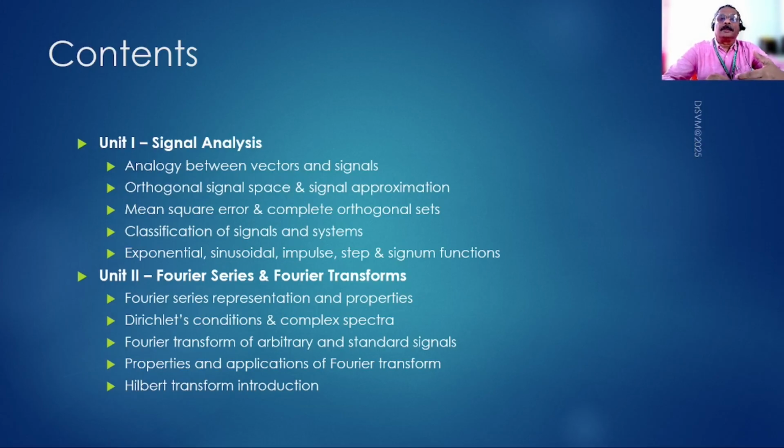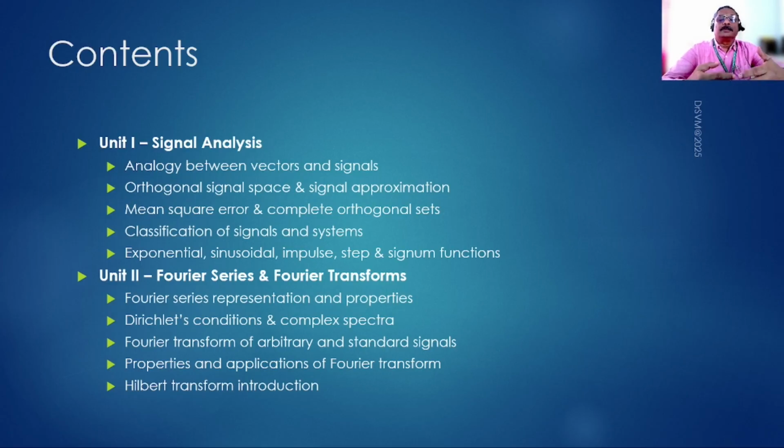That is, any time signal we have can be represented as a sum of orthogonal signals, and these orthogonal signals can be simply sinusoids and cosinusoids, and these can be used to represent any signal, whatever be the shape of the signal, whatever be the type of the signal. We can represent the signal as a sum of sines and cosines, and that is the aim of Fourier series and the Fourier transform.